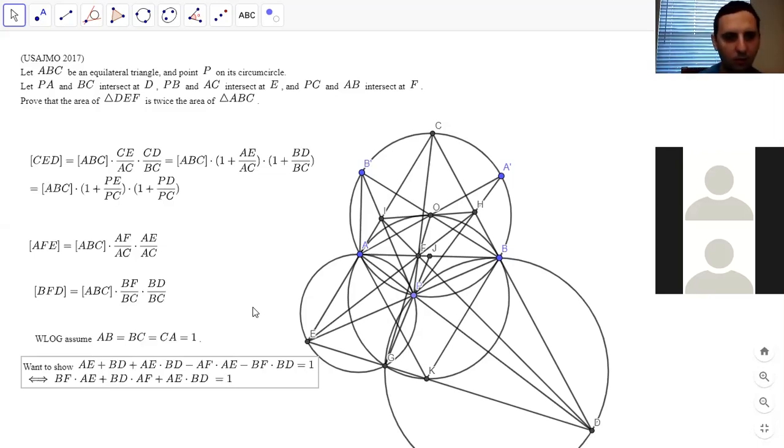Is that true? Because it looks like AE and BD are both. Yeah, is that right? I'm not sure. It almost feels like this would be bigger than 1, but maybe it's not.